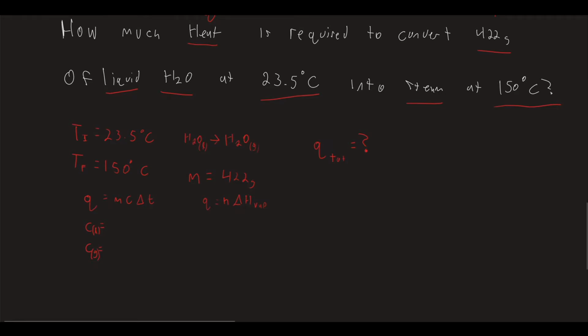So it looks as if this answer key I have does not do this problem correctly. So let's pull the information we need from Google. Let's look at the specific heat of water at both the gas and liquid state.